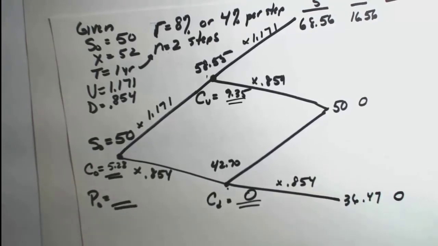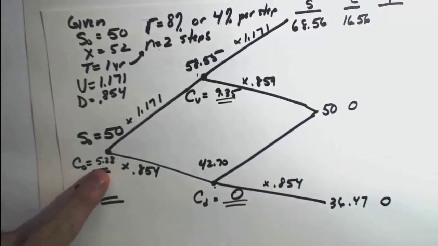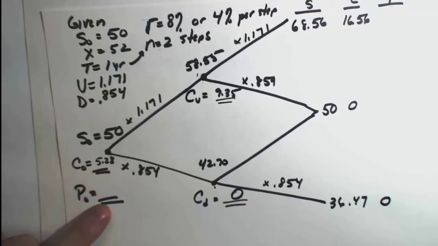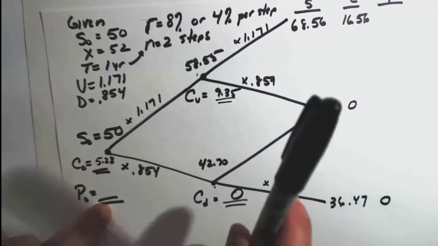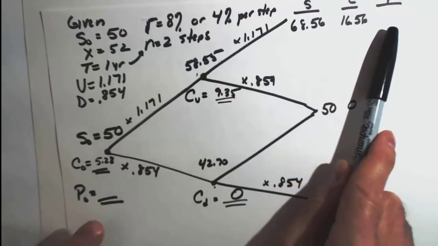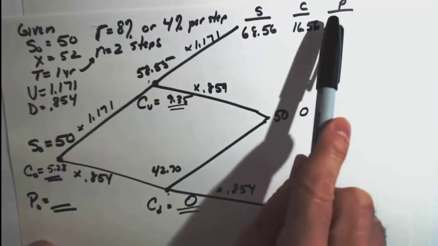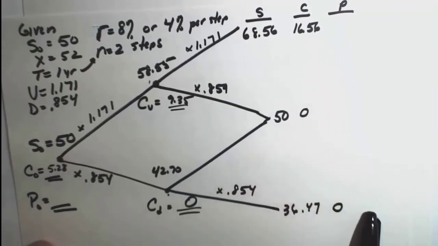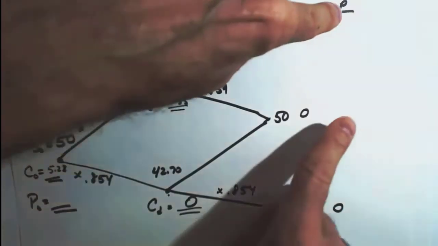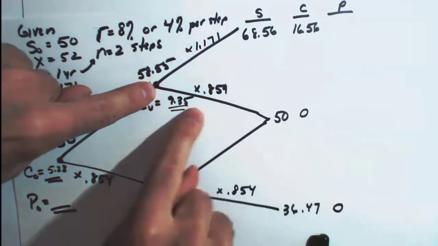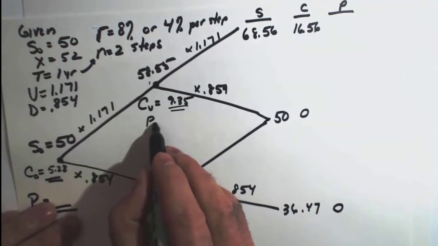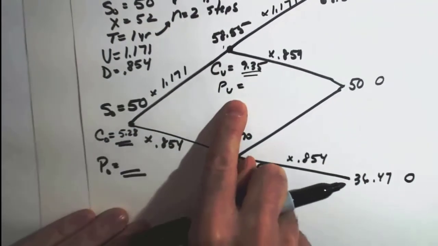So now where we stand is, okay, we just valued the call. Let's value the put today. What is this put worth today? I've already outlined what we need to do here. We need to value the put at expiration, and then we're going to take these two puts and bring them back to come up with a put right here on the first up node.